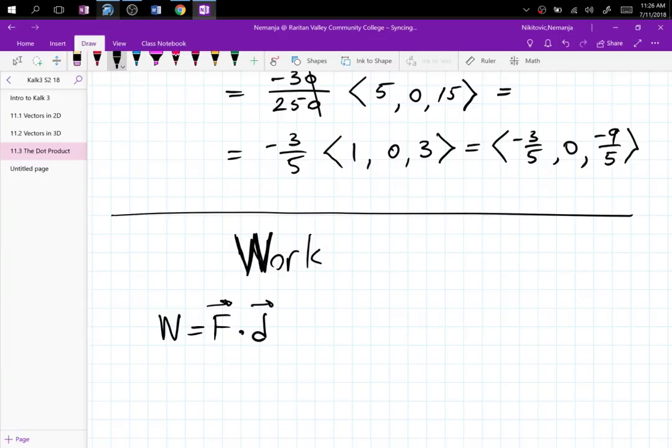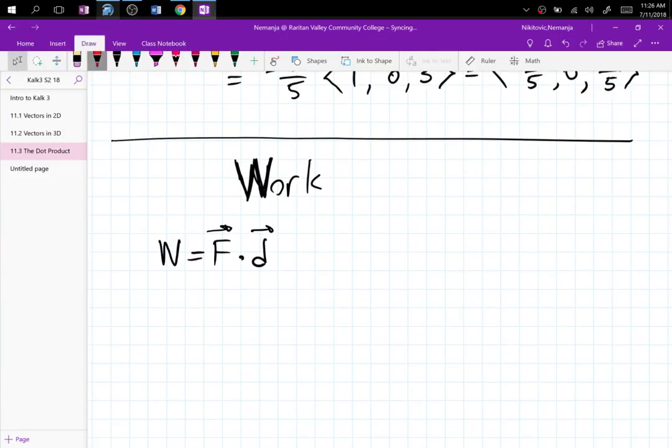That has direction. So how much you go forward is the magnitude, and which direction you're going is going to be the direction. So now we have the formula for work, and we see that the work is a scalar quantity. Work is just a number given in joules as the unit.